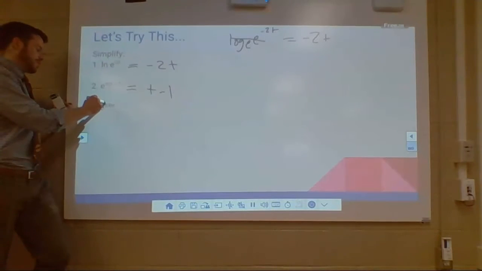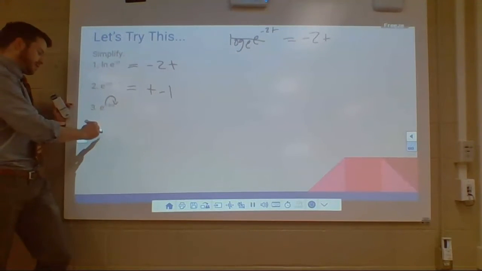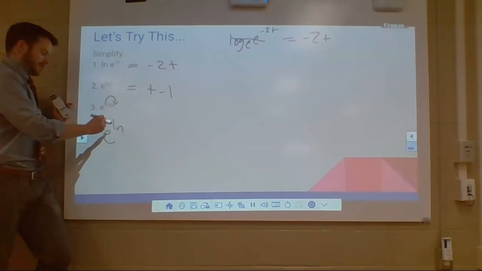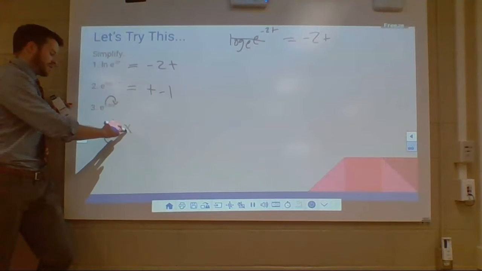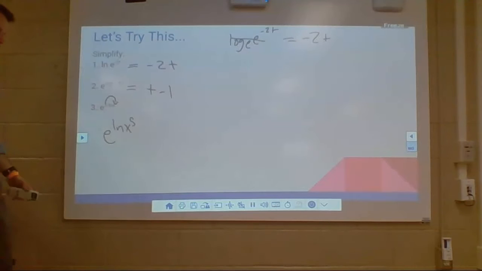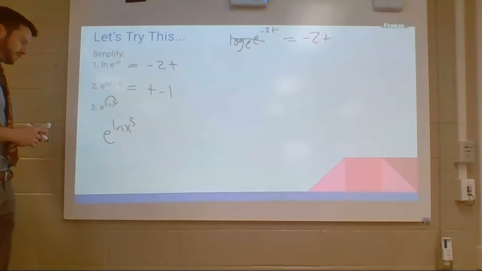So what we can do is move that 5. Since that 5's in the front, we can move it here and make it an exponent of x. So we're going to end up with e to the ln of x to the 5th power, or natural log of x to the 5th power. See how I moved that 5 into the exponent there? Remember, that's the reverse of the power property that we've talked about before.